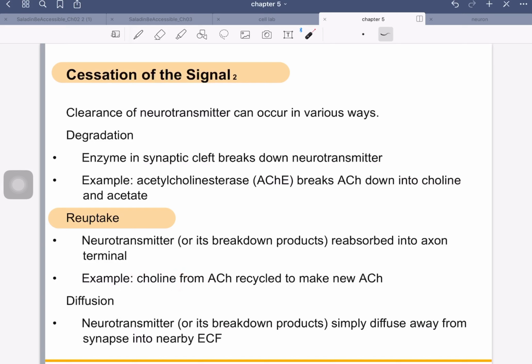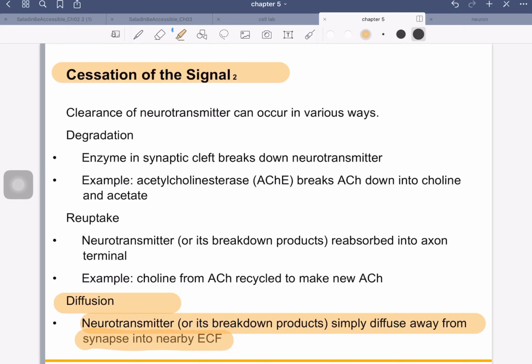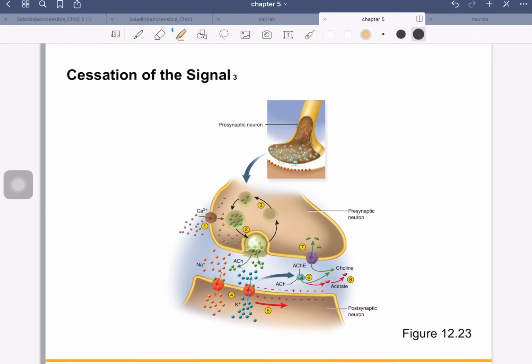So I can do degradation, I can do reuptake, and the other thing that happens is diffusion. The neurotransmitter or the broken down products simply diffuse away into the local extracellular fluid, so they're no longer available to stimulate the postsynaptic neuron.